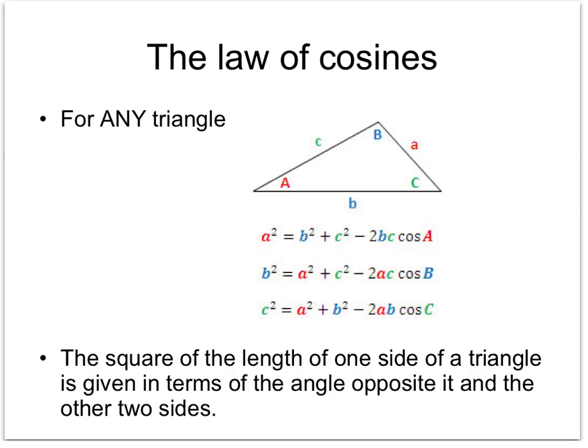Whereas if you have side B by itself, you have angle B, side C, angle C. Inside, you have the two sides that aren't the one that's all by itself. So if the A was by itself, now you have the B and the C in the middle there. If you had B all by itself, now you have the A and the C in the middle, etc. And then attached to the cosine, you have the same two sides that you had right there.